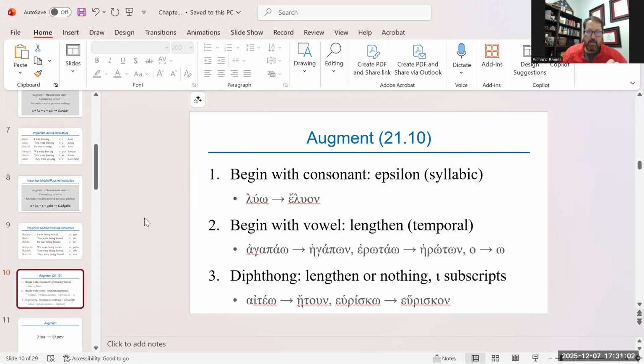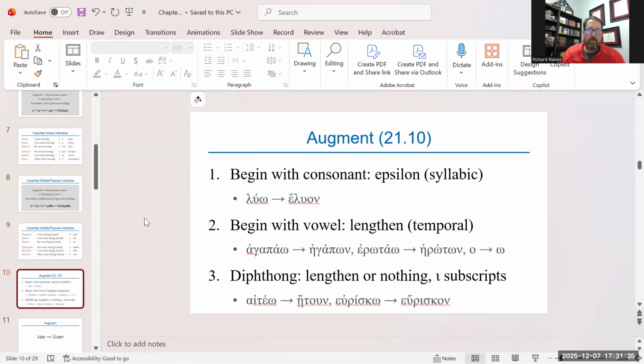And we're going to talk about diphthongs in just a second. But if the word begins with a vowel, you're essentially going to just lengthen the vowel. So in this case, agapao becomes egapon. You see the various forms there. You could say you're dropping the alpha and you're adding the eta, but what you're really doing is lengthening that vowel.